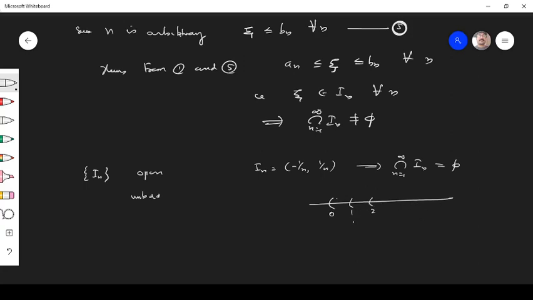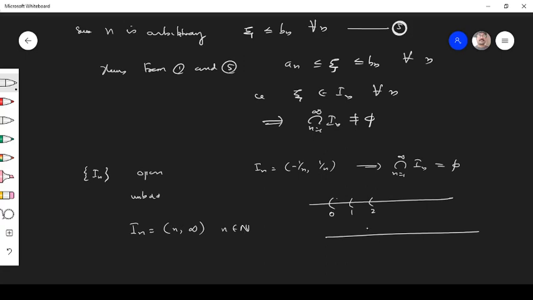This is an unbounded interval, no? Let us take In equal to [n, infinity), where n is in N. So what is that sequence? It can be left closed, no problem.